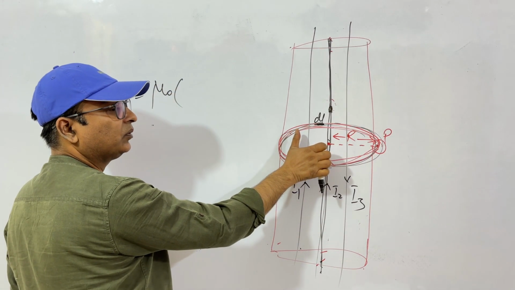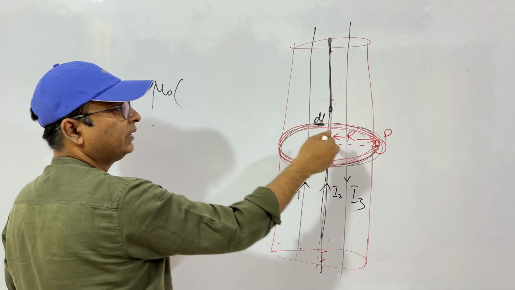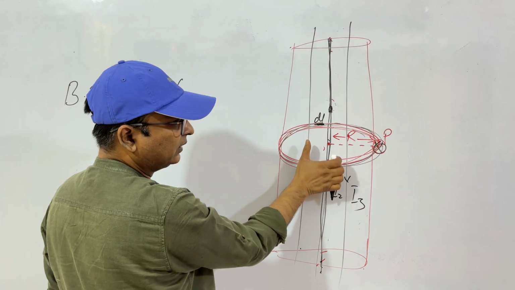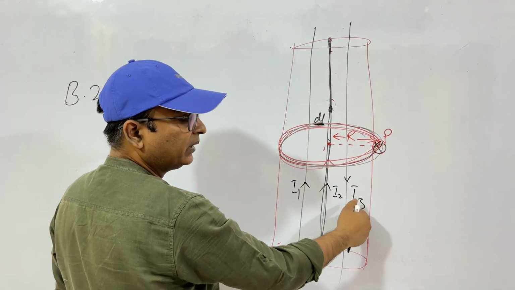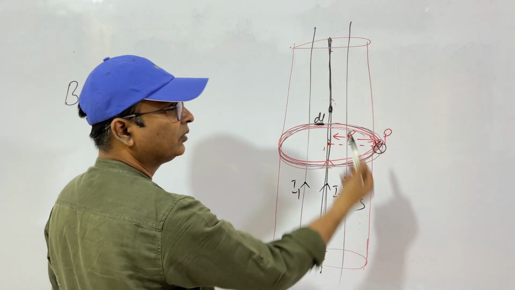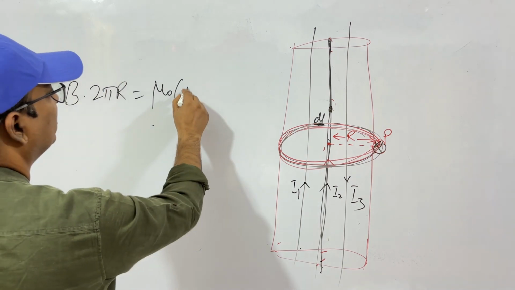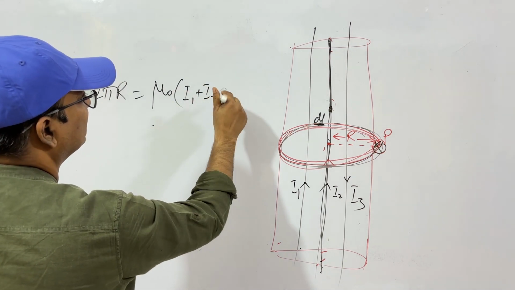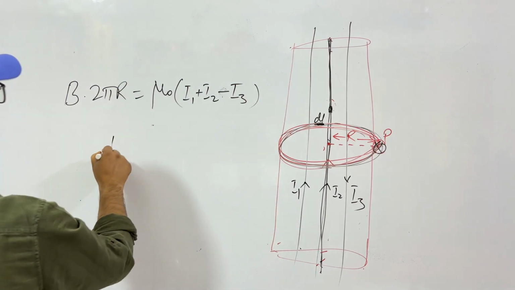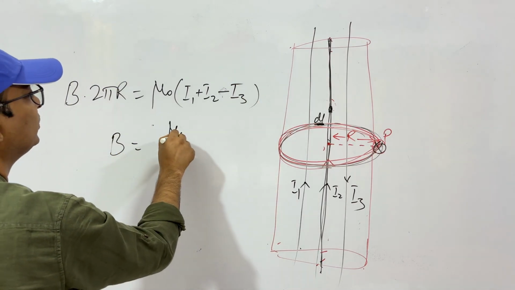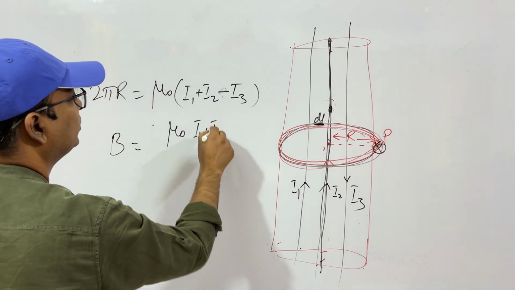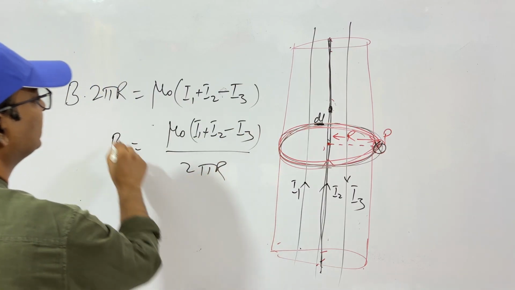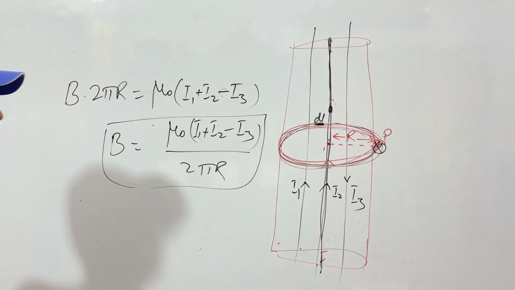Taking this direction of current as positive, the magnetic field is in this direction. So I1 is positive, I2 is positive, and I3 will be negative, because for it the magnetic field will be in the opposite direction. So the magnetic field intensity is mu 0 (I1 + I2 - I3) by 2 pi r. So simple. This is its beauty.